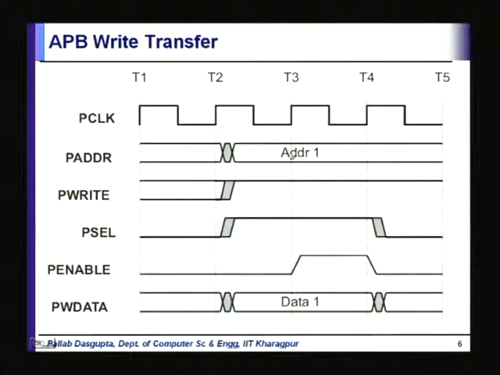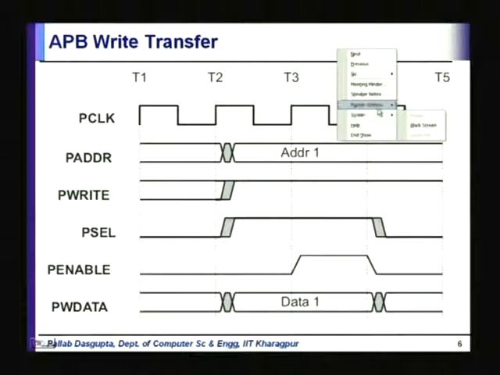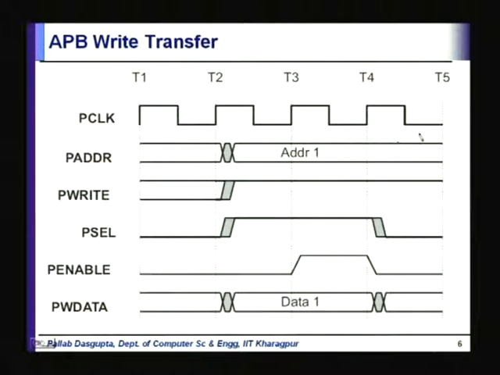Now at this point, let me choose the pen. See, it is at this point that the slave sees that the P cell is high. Remember that everything is sampled here, right. So it is at this point that the slave sees that the P cell is high, so it also gets the address.